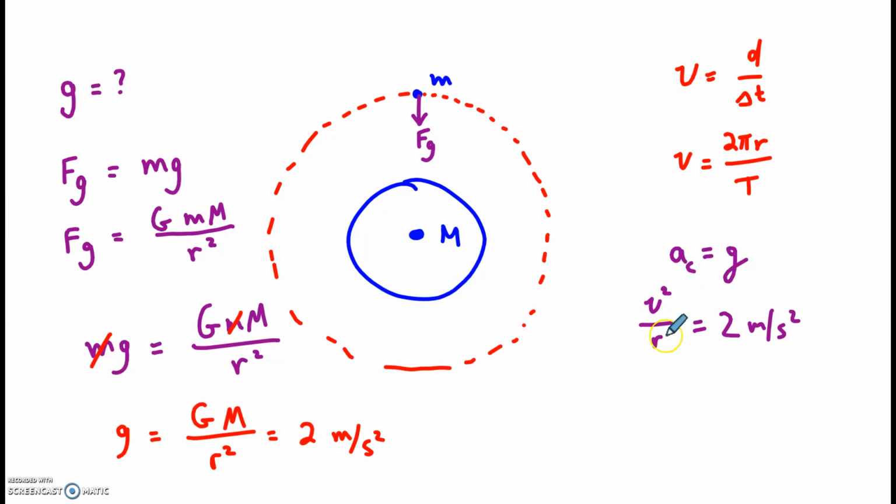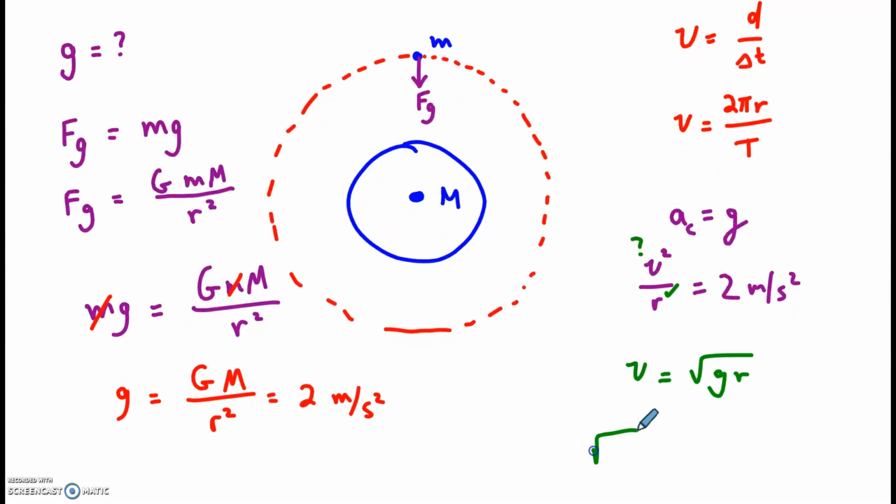We know the value of r, so we could find the speed, which is just going to be the square root of gr. Once we find the speed, we could plug it in right here and set it equal to 2 pi r over T. And from here, we can solve for T if we know g and if we know the r value.